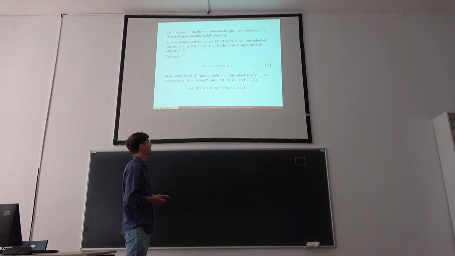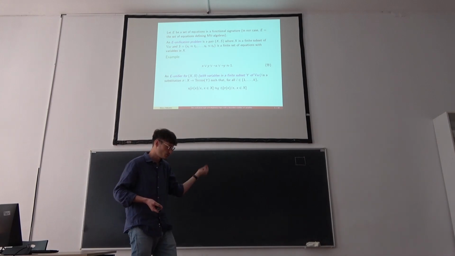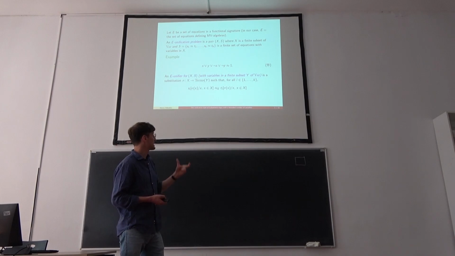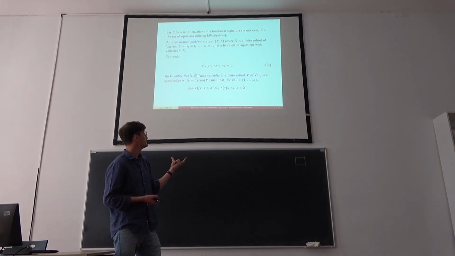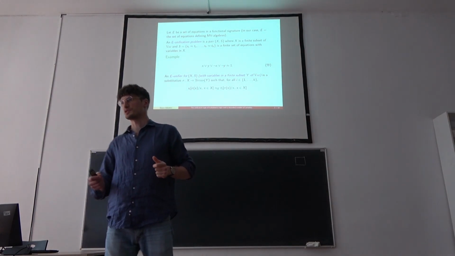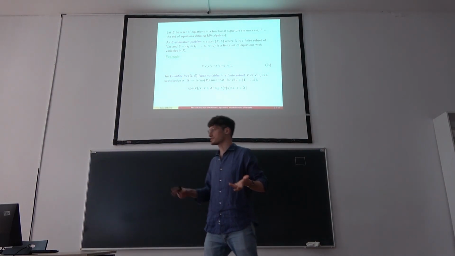So this means that for any i, if I substitute in Si, for each x, sigma of x, I get a term which is equal to the same thing when I do it for Ti, modulo the equations in the theory.